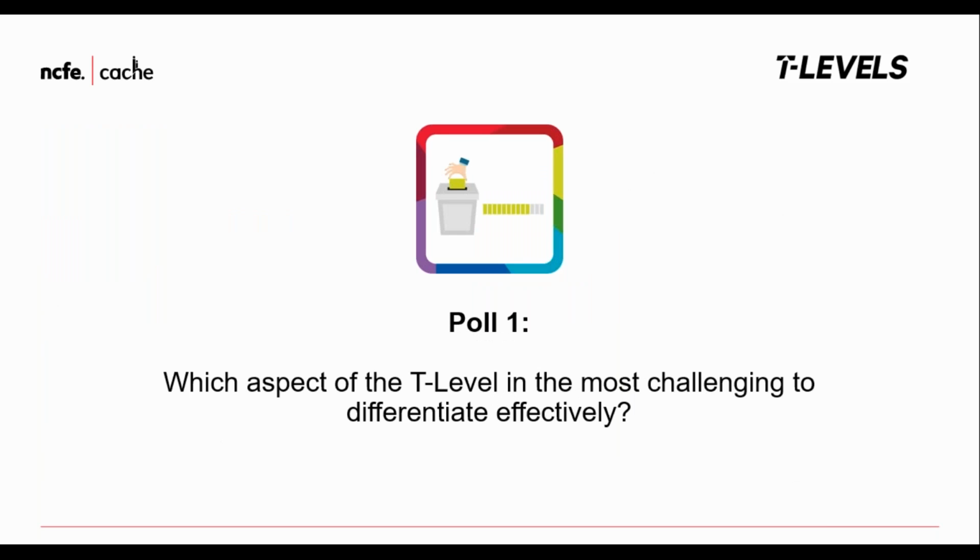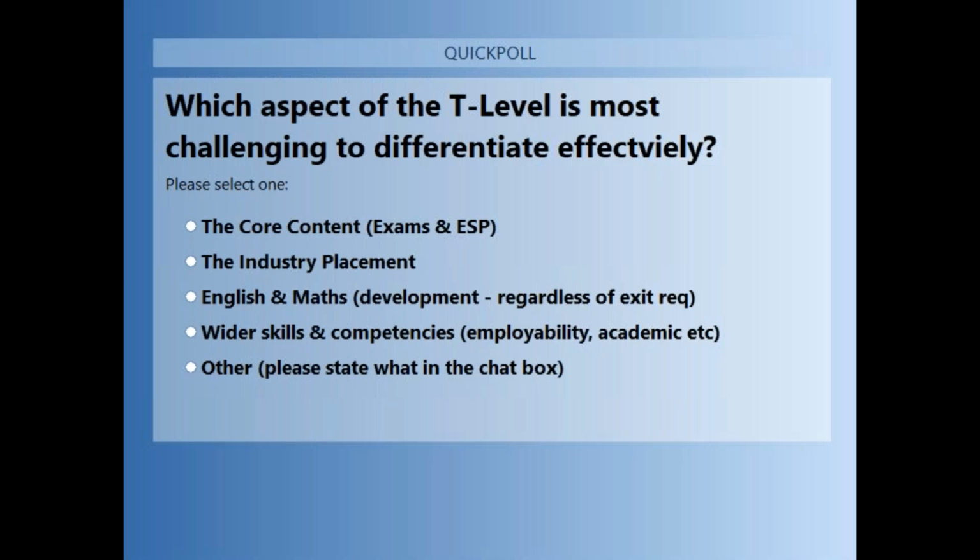Okay, so we're going to start off this afternoon with a couple of polls. The answers provided will help us to adapt our input accordingly. The first question is this: which aspect of the T-level is the most challenging to differentiate effectively? If you're yet to start T-level delivery, please try and predict what you think it might be. So I'll put your choices on the screen now.